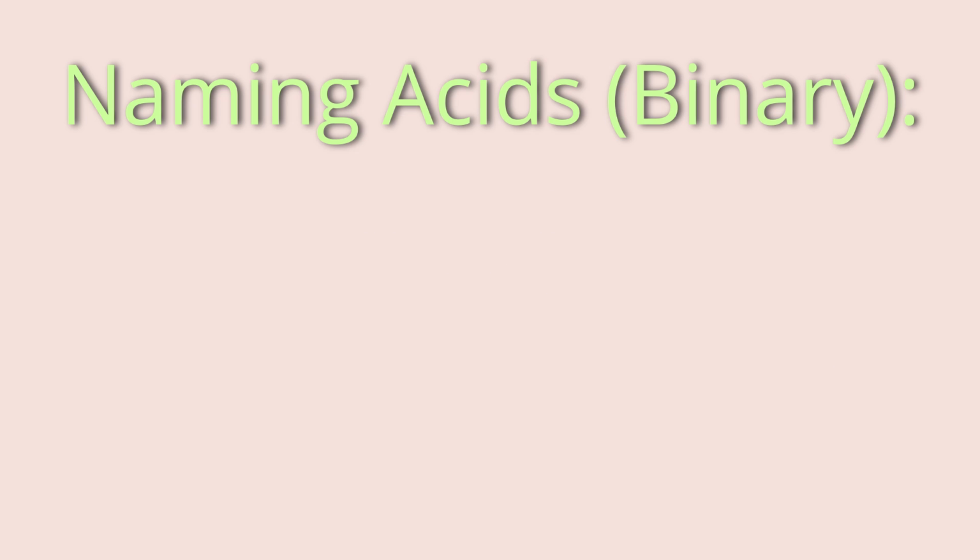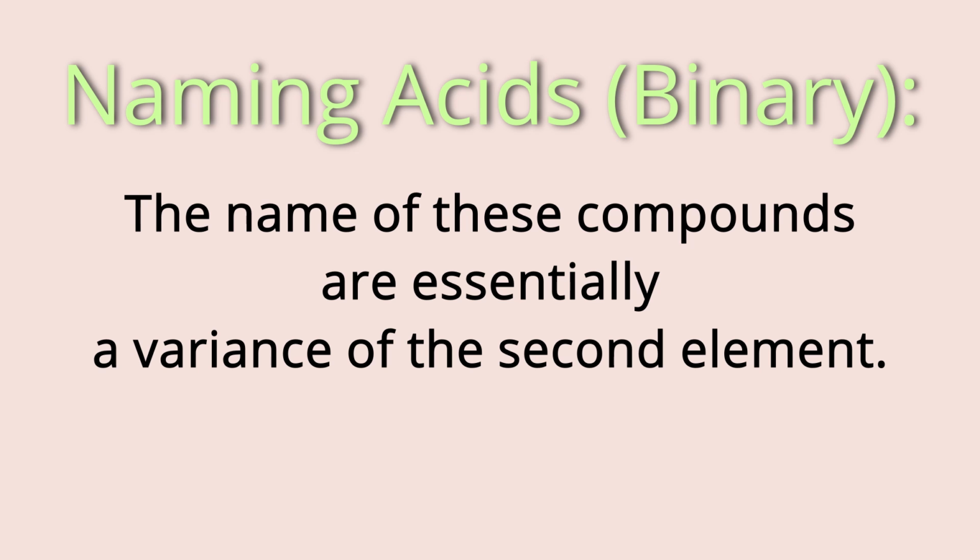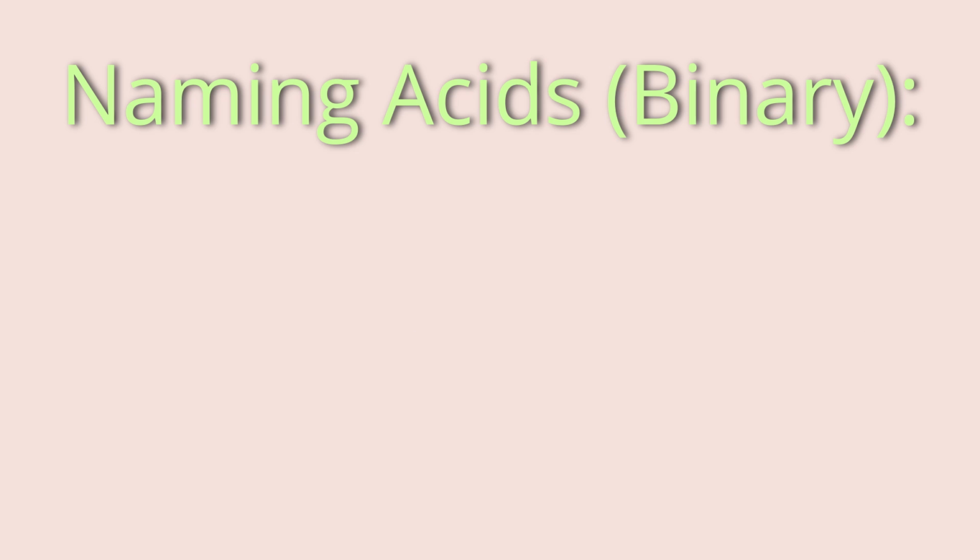An example of this would be hydrogen and chlorine. And so to name these, essentially the name of the compound is just a variance of the second element, because every single binary acid will have hydrogen. So that's not really a part that varies when you're naming these.